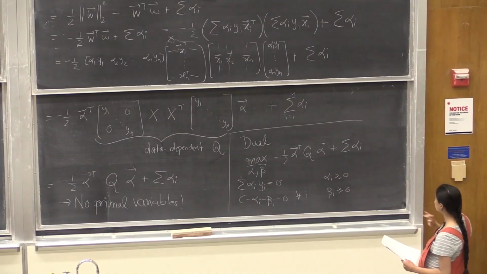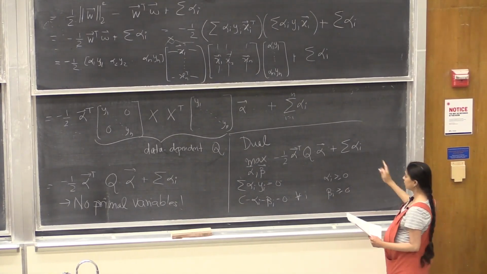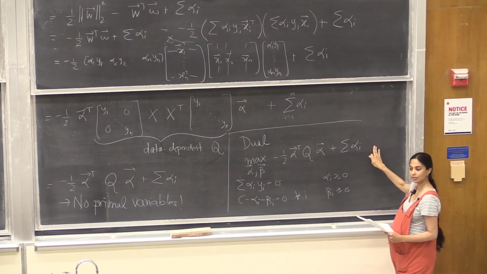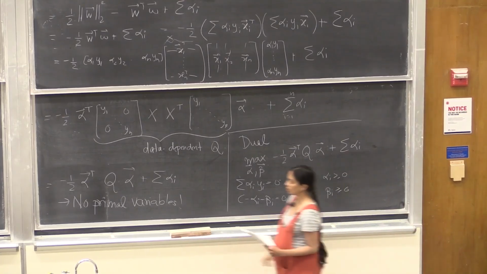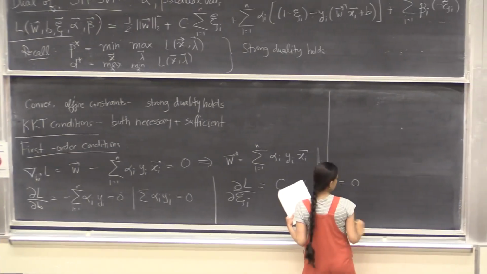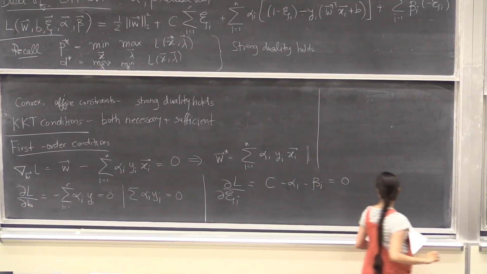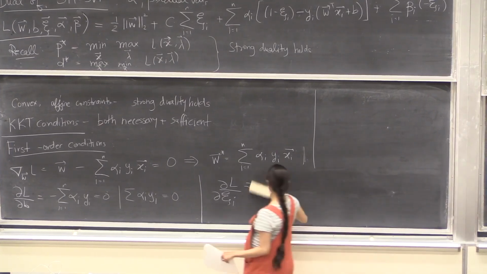Okay, but we can now do some further simplifications to this. In particular, there's not really any beta i's in here, right? So it would be nice if I can use my space a little bit more efficiently.